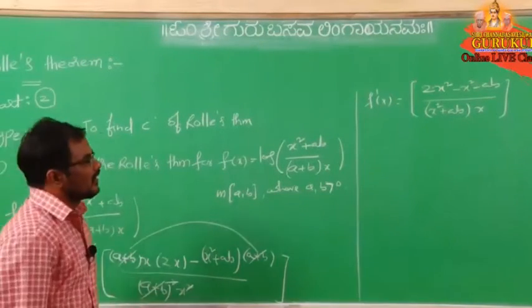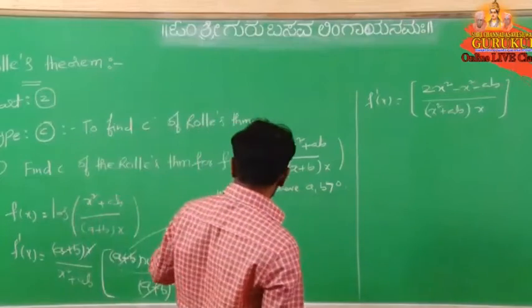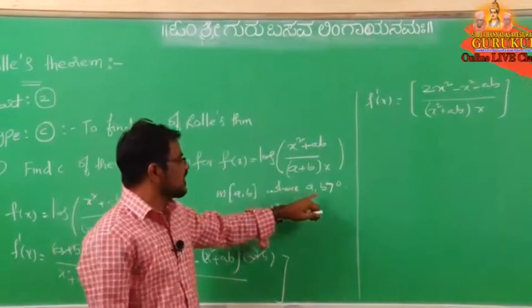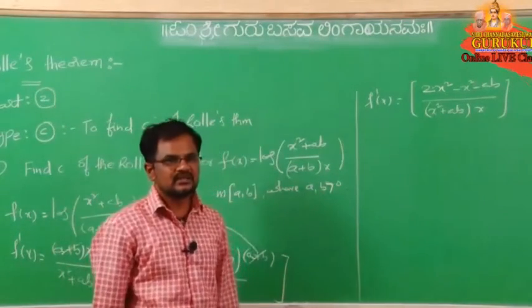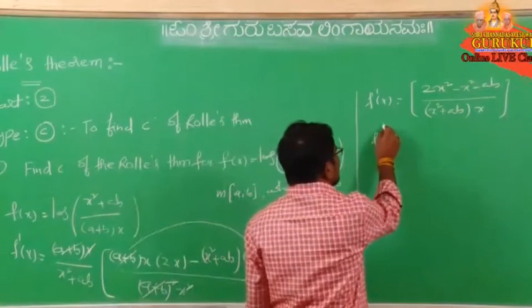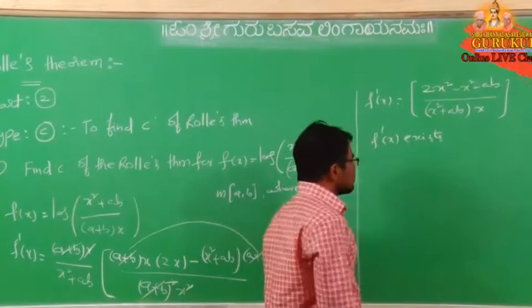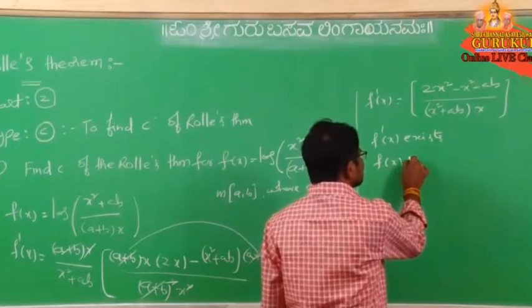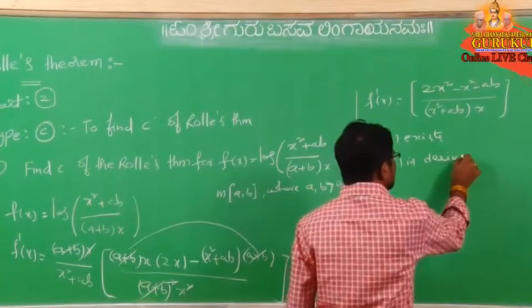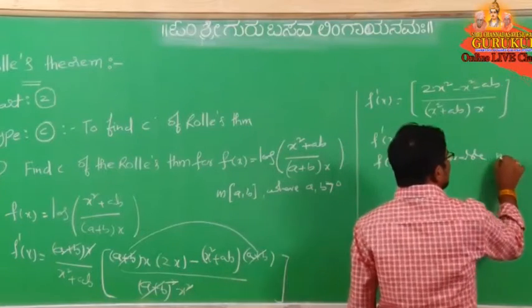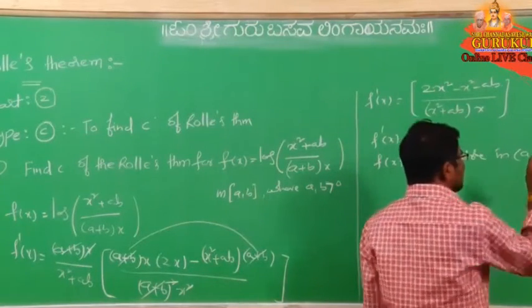Now once you observe, in this interval a, b are positive real numbers, so f dash of x exists or not? That means f of x is differentiable, or derivable, in the open interval a comma b.